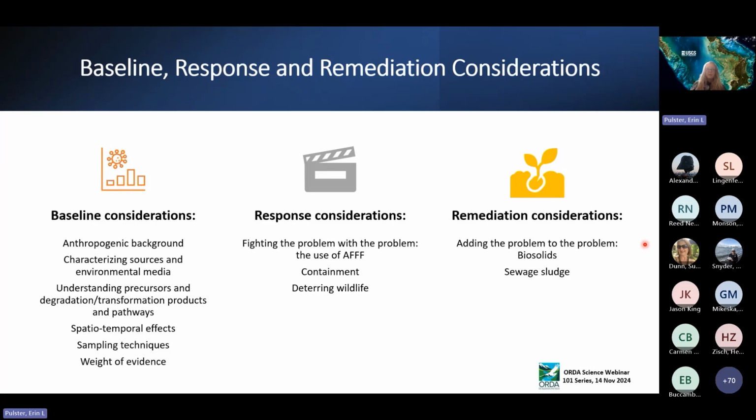I guess it's evaluating the levels that are in your biosolids, taking into consideration which compounds are in there, and whether it is worth adding them to utilize for a different purpose, but knowing what's in them. Sure, I think you would definitely want to know what you are adding for sure. Yep. Thanks.